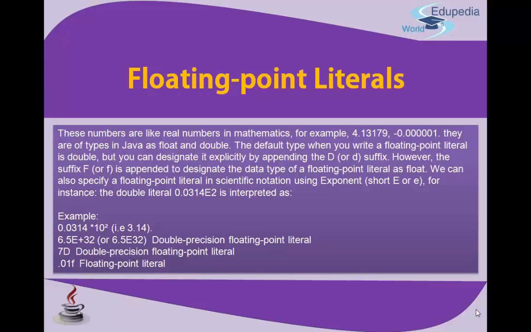On the other hand, 6.5e+32 or 6.5e32 is a double precision floating point literal. Double precision means you can see 6.5 with exponent plus 32, that means 32 further zeros after the 5. And 7D7 is a double precision floating point literal, and 0.01f is a floating point literal.